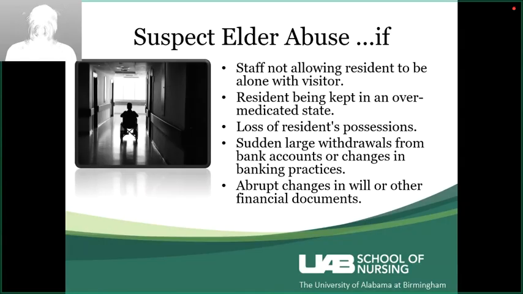It should also be suspected if residents are being kept over-medicated, if there is a loss of their possessions in an institution, or their bank accounts go to zero without any explanation about whether it went to care or to whatever. And any abrupt changes in wills or other financial documents.